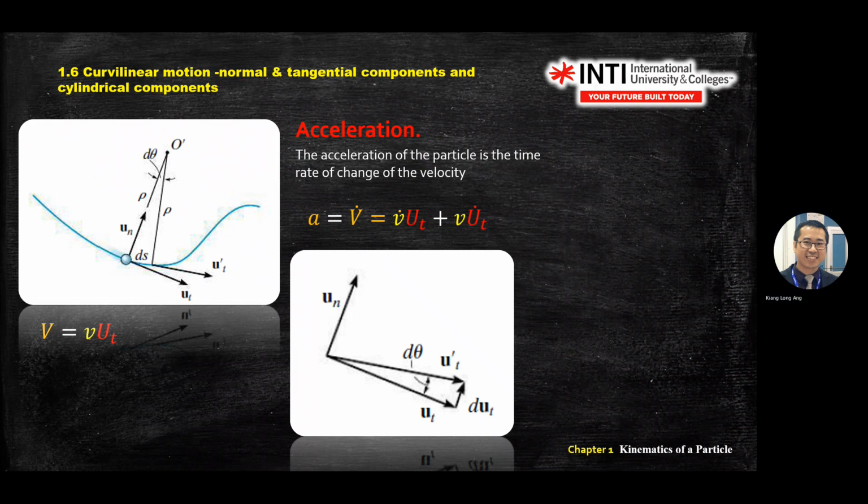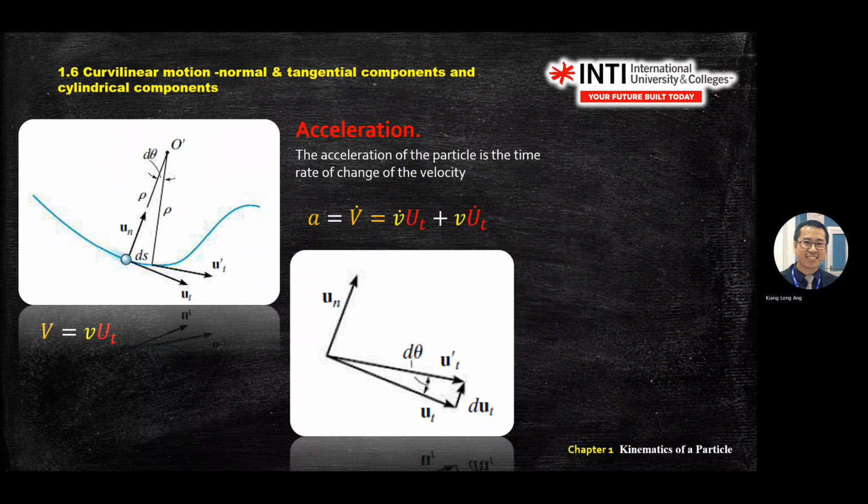Tangent direction is this one, and if there's a change of angle, from the tangent point there's a change from this point to this point. Then we label the change as dut.